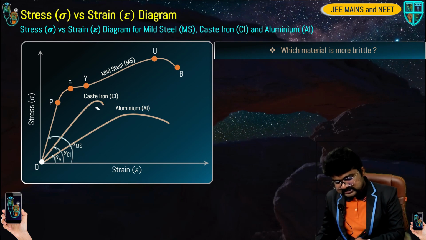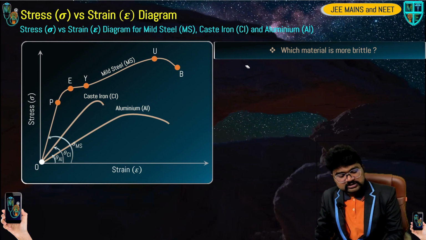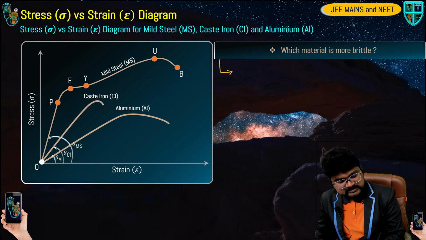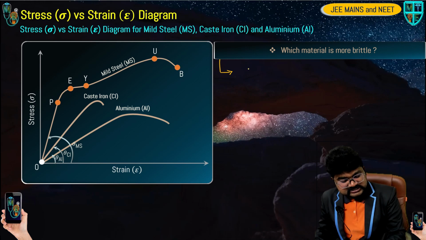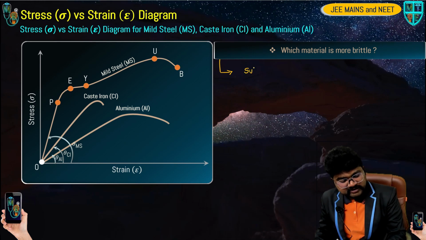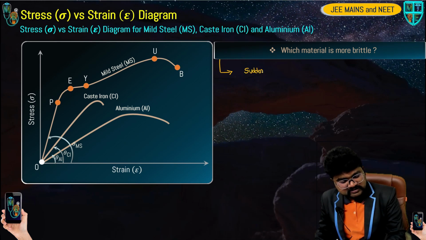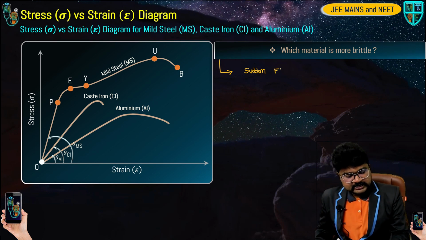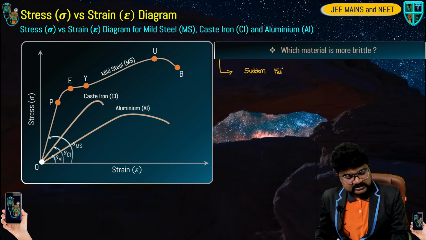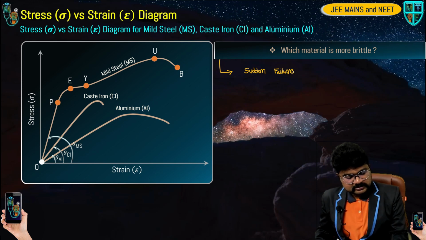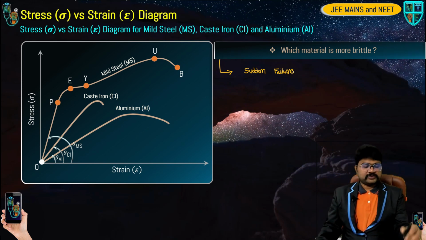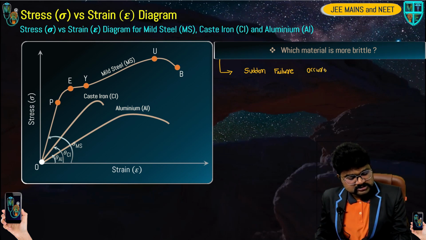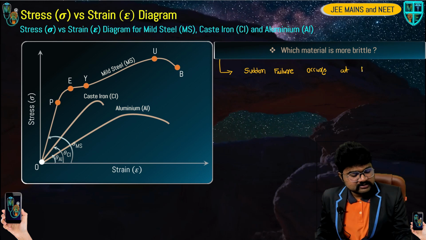In this case, sudden failure is observed. Brittleness means sudden failure at the fracture point. Sudden failure will occur in brittle materials.